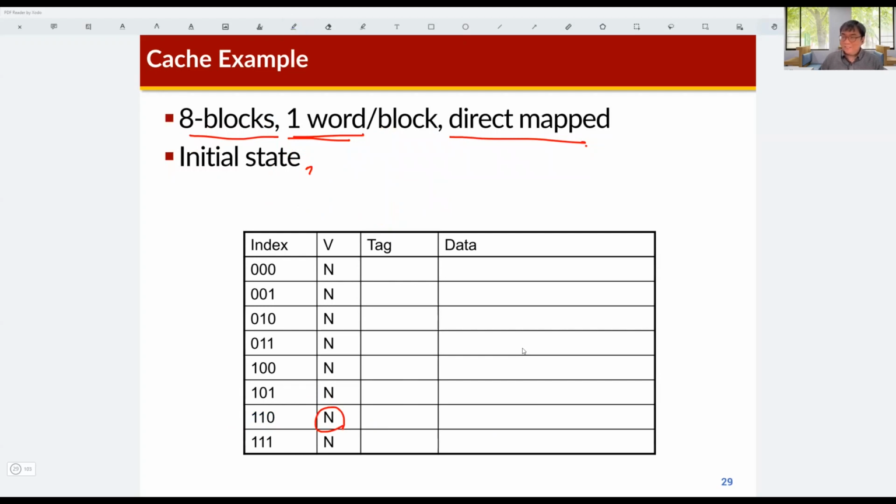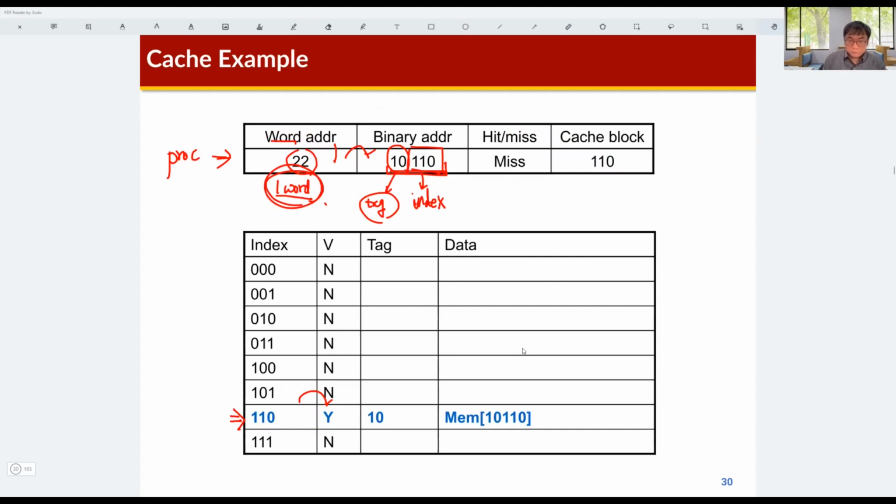So no data is in this entry. It's a miss because the requested data is not found in the cache. So this cache block is requested from the lower-level cache or memory.